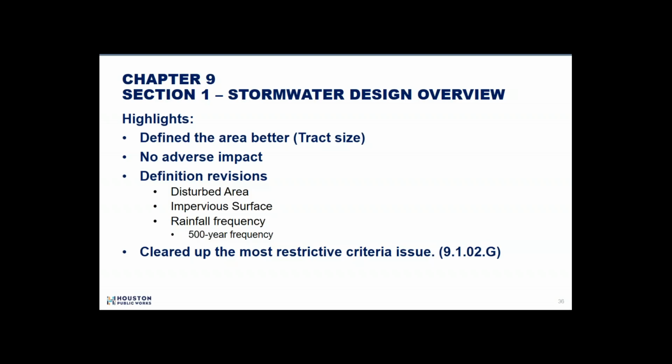There was a paragraph in 92G, I think, that basically stated that you followed the criteria of the agency that you outfalled into. Well, if you're still in the City of Houston, and the City of Houston had a stricter criteria, I don't know if that would sit well with anybody having to answer questions regarding why this person had to put detention in and this person didn't. Because it's not so much the capacity of the receiving system, it's basically the capacity of the entire system. And so we've cleared that up.